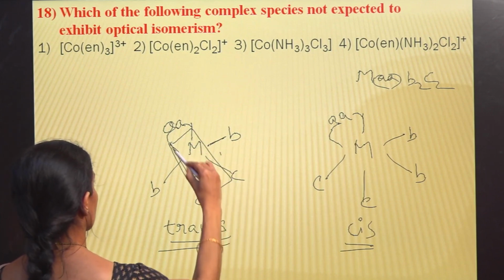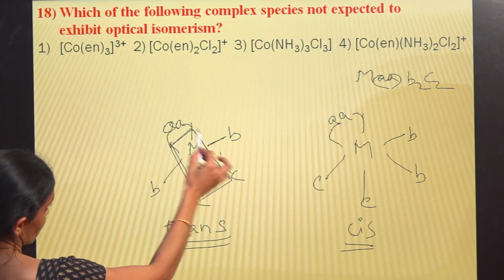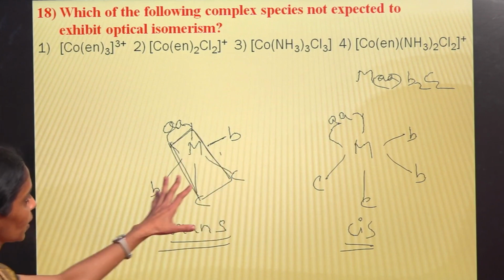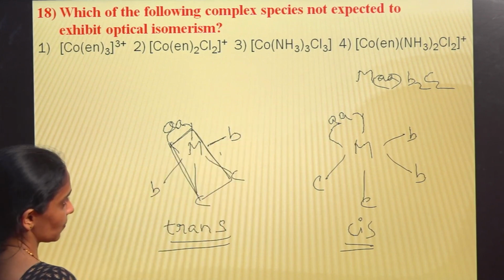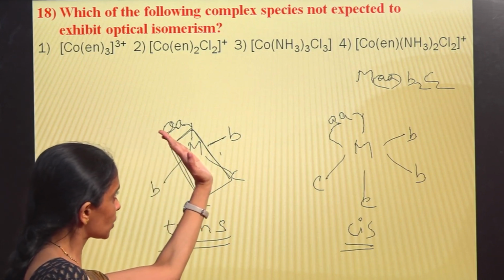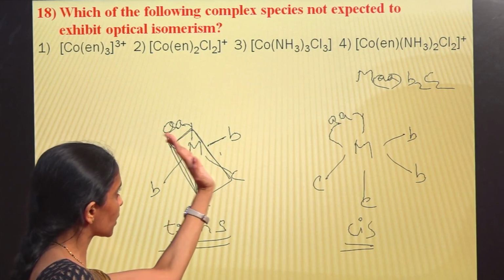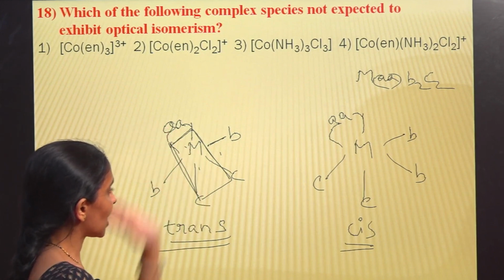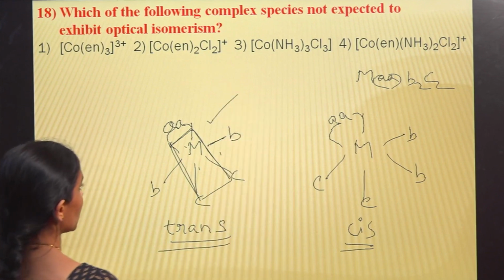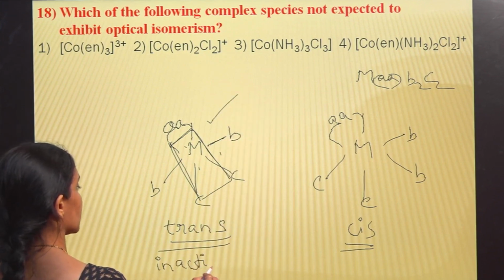This particular plane cuts the molecule into two equal halves. Or you can even imagine a plane perpendicular to this plane like this. That also cuts the molecule into two equal halves. So there is a plane of symmetry and the molecule is optically inactive.